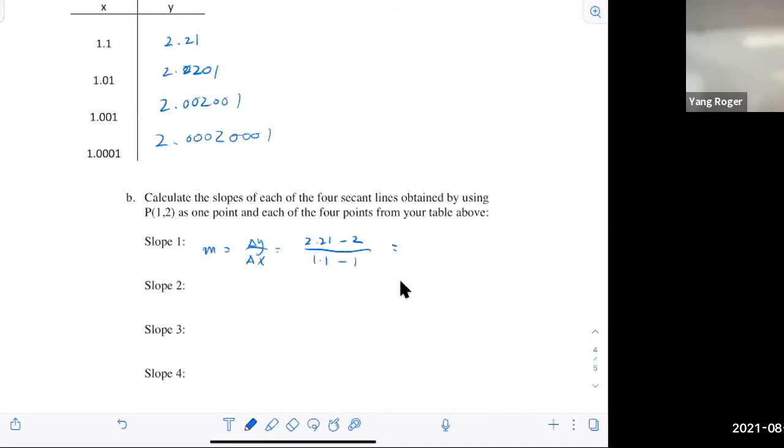So in case you were having difficulties getting started, the slope is the change in y values over the change in x values. So you need two y values, right? So your point is going to be 1, 2.